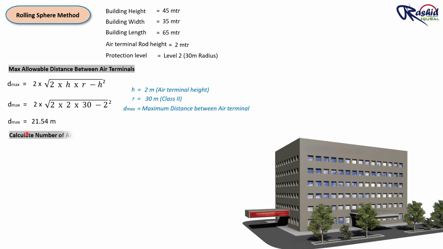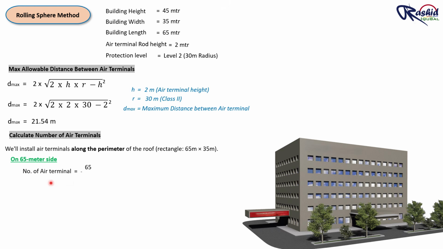Now second, we need to find out the number of air terminals. For the terminals along the length, as we know, the total length of the building is 65 meter. We already calculated the maximum spacing allowed between rods, which is 21.54 meter. Now if we divide the length 65 by 21.54, we get 3.01. That means the length side of the building must be divided into 3 equal segments.